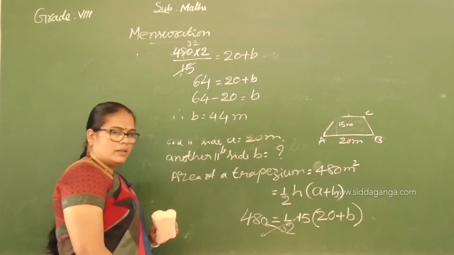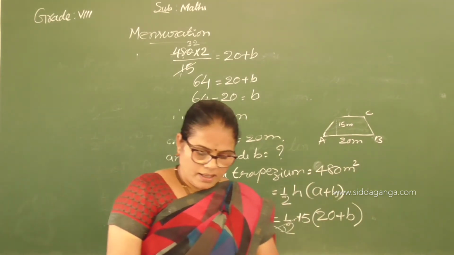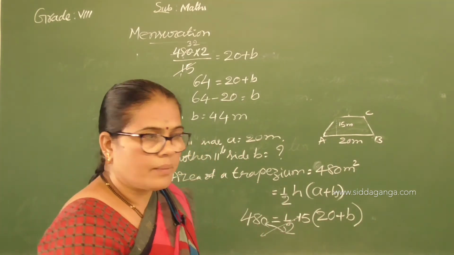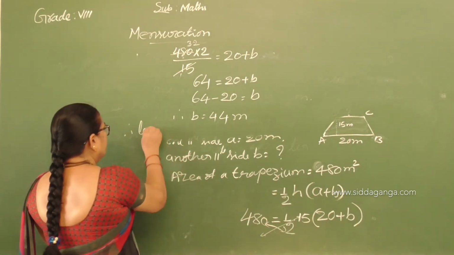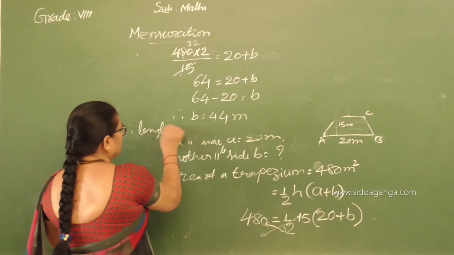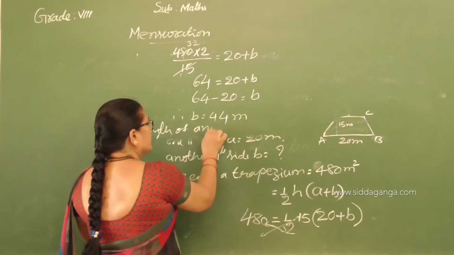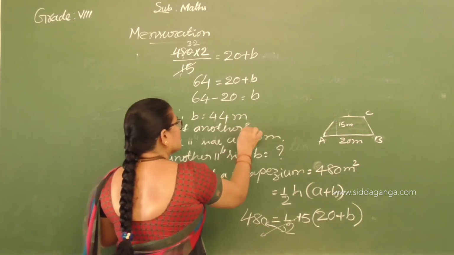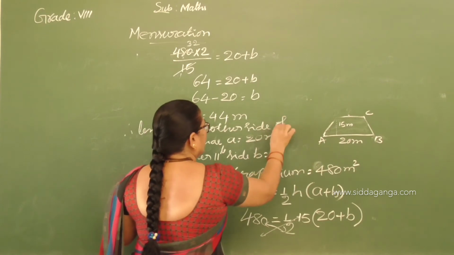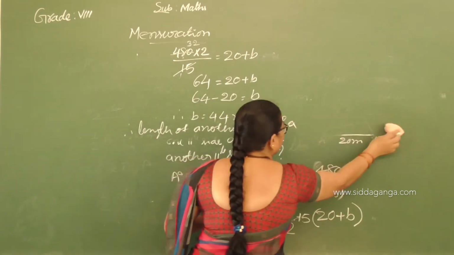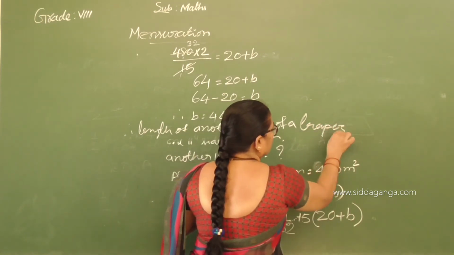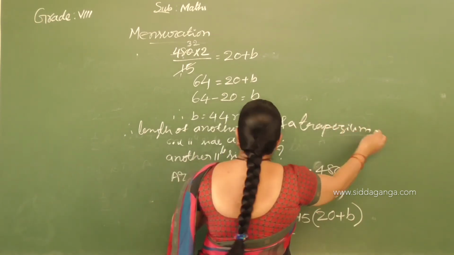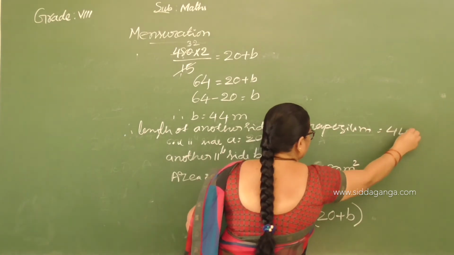What is b? The length of the other side of the trapezium. Therefore, the length of the other side of the trapezium is equal to 44 meter.